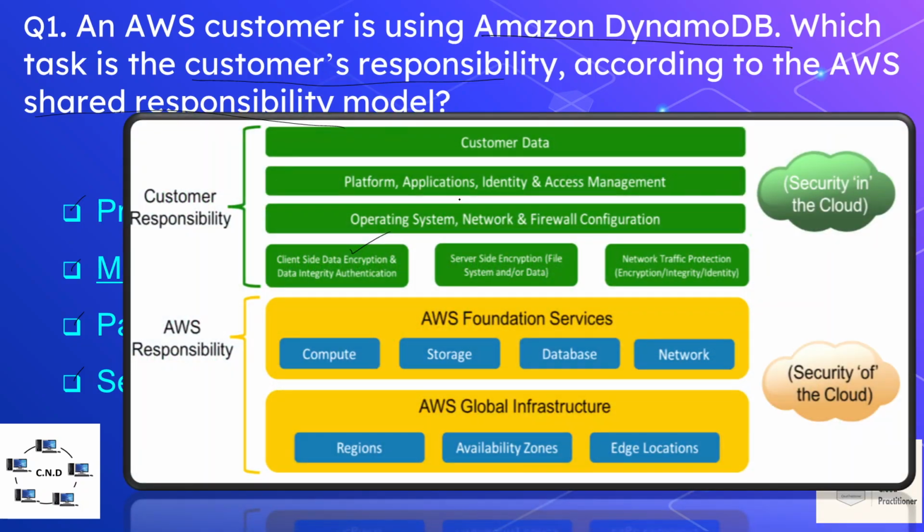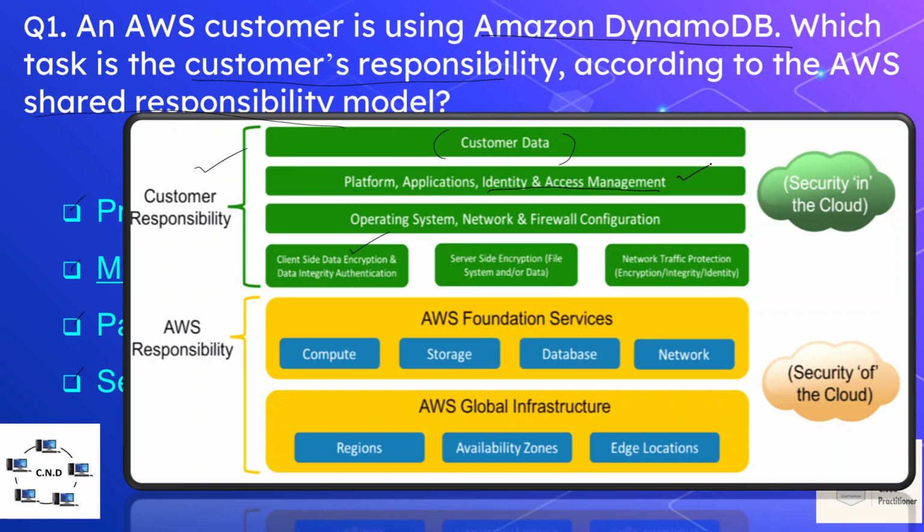And let's look at the shared responsibility model. In this visual, these are the customer's responsibility, and we can see that at the top is the customer data, the protection of data, including the access to the data and the encryption of data. These are the customer's responsibility, as we saw in this specific question: the access to the database, including the user and the identity and access management.